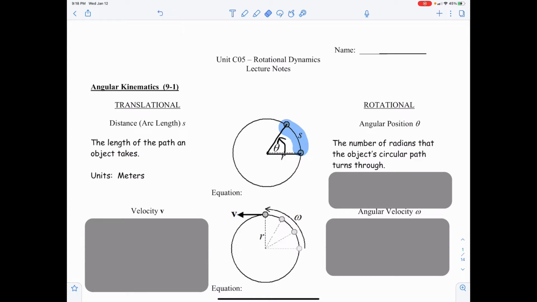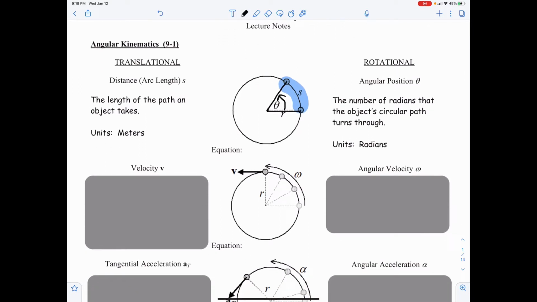That unit is going to be in radians, not degrees. The equation we use to link the translational to the rotational in this case is s equals r times theta.